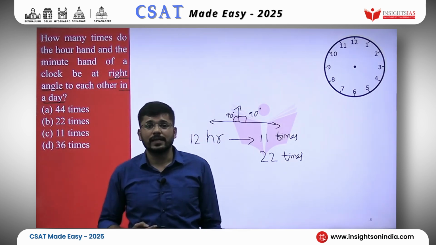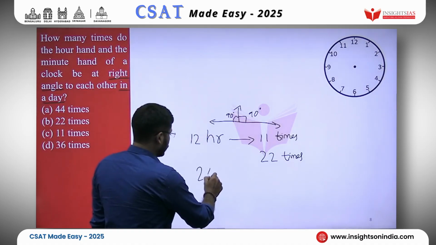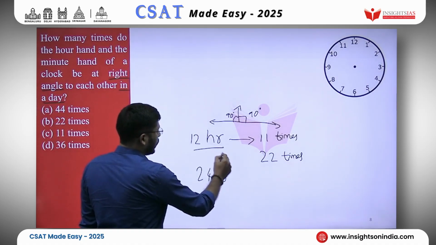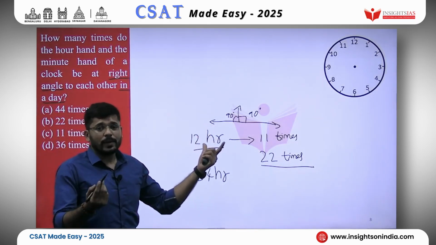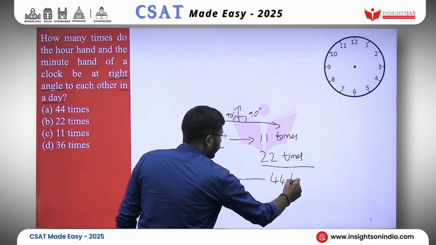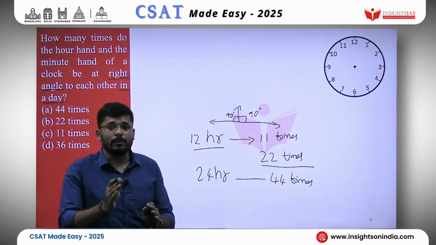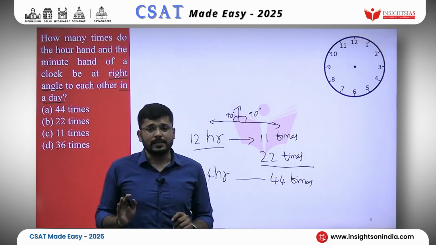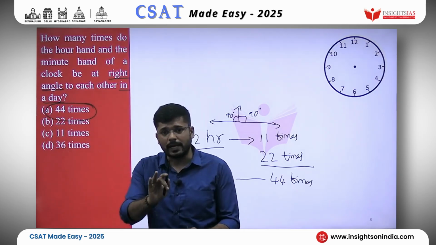How many hours are there in a day? In a day, we have 24 hours, right? So, if in 12 hours there are 22 times when the hour hand and the minute hand are at right angle, in 24 hours there will be 44 times. So, your answer will be 44 times. Okay.